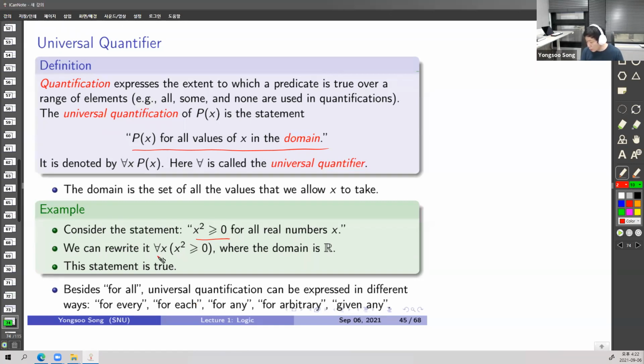We can write this statement like this. And now this is a proposition where the domain is the set of real numbers.